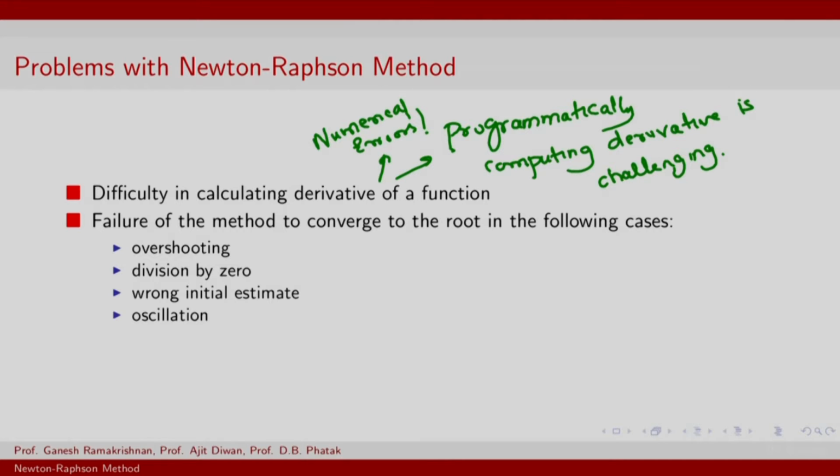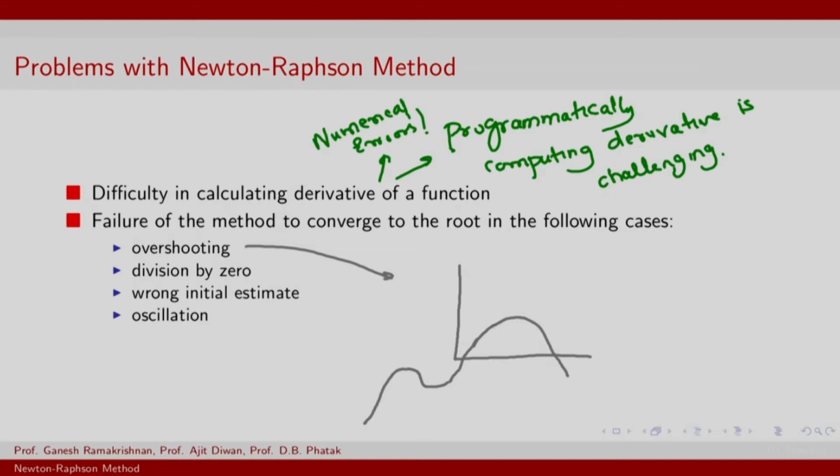There are also some classical cases when the function fails to converge to the root. The first example is overshooting. So it is possible that the function were to cross a root. However, it is possible that subsequently the function has a very different shape.